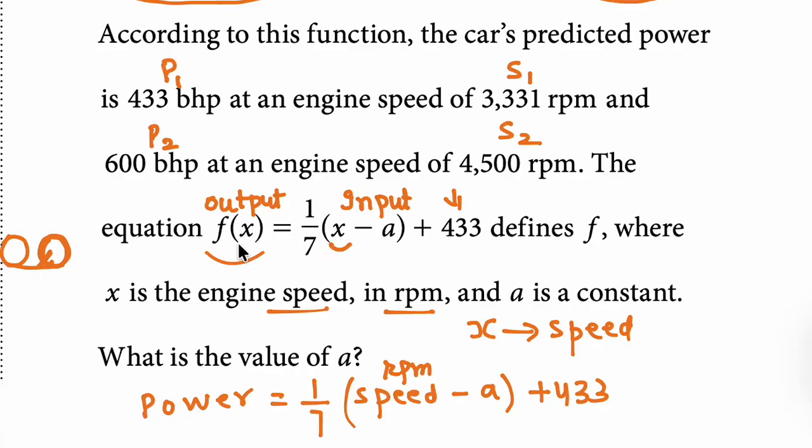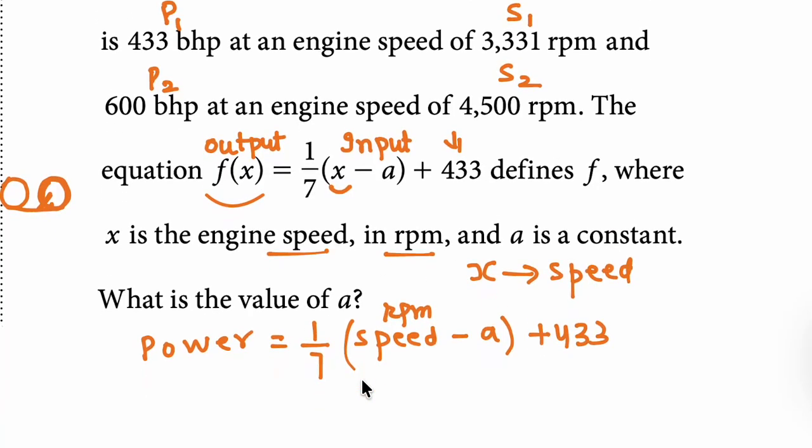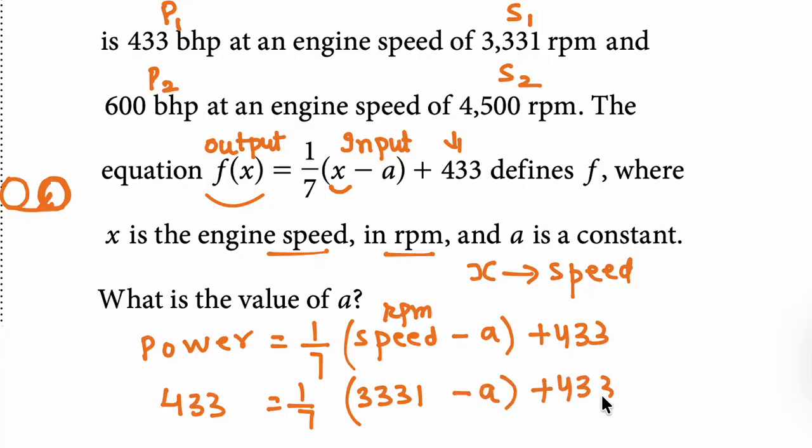The equation defines f. X is the speed, and what is the value of a? Now I have two pieces of information and I know what every variable in the equation means. So when power is 433 and speed is 3331, a we have to calculate, plus 433.